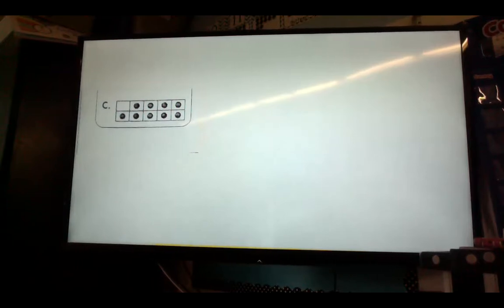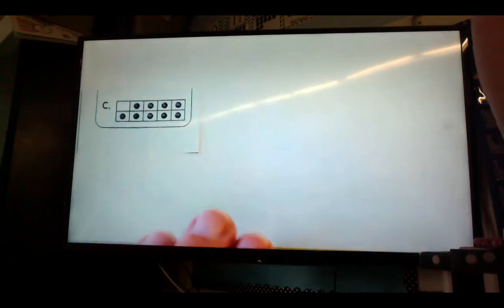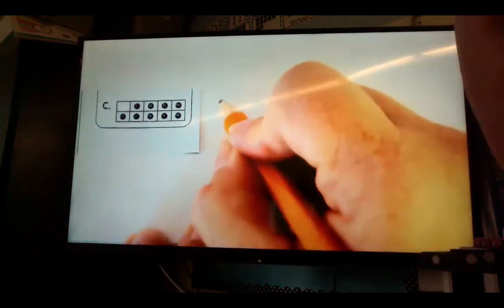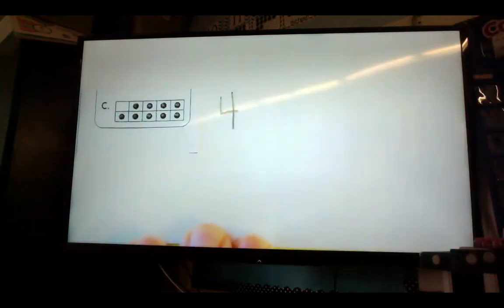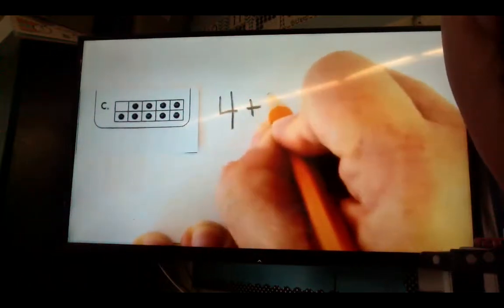Will you help me write an equation to match this 10 frame? How many dots do I have on the top? That's right. I have 4 dots on the top. How many dots do I have on the bottom? That's right. I have 5 more dots on the bottom.